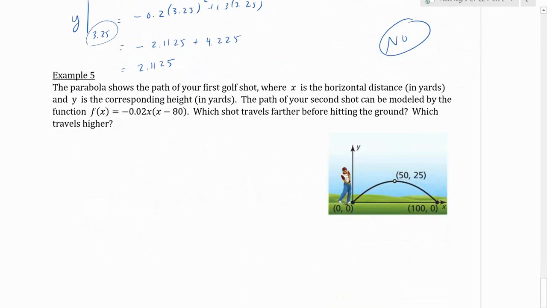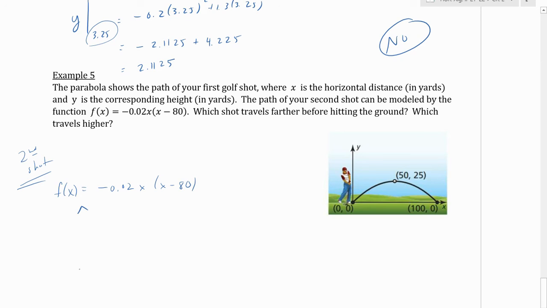The parabola shows the path of your first golf shot, where x is the horizontal distance in yards and y is the corresponding height in yards. The path of your second shot is this. Which shot travels farther?